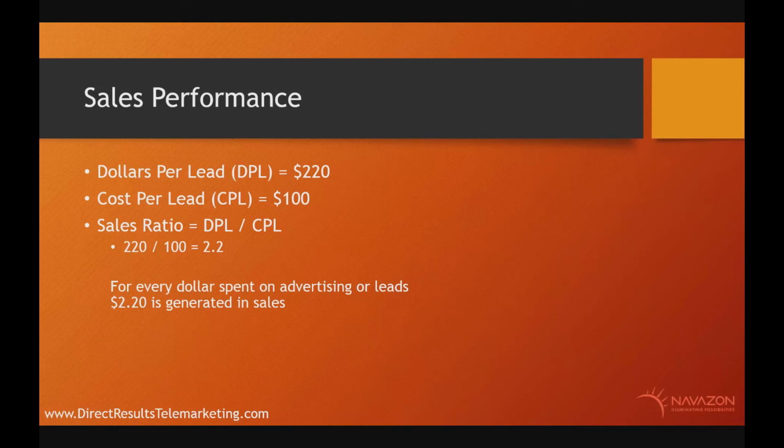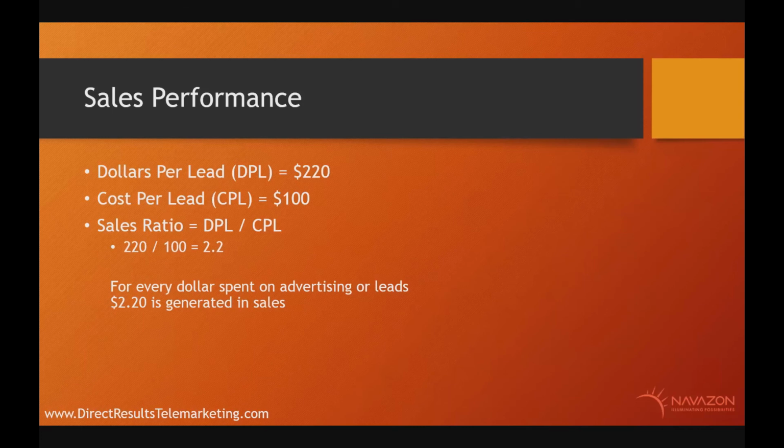Direct Results Telemarketing's reports provide these figures at every level so you can accurately measure the performance of your sales units and set sales targets for them. You can specify the target in each script or presentation, and that number appears on the marketer's console screen.